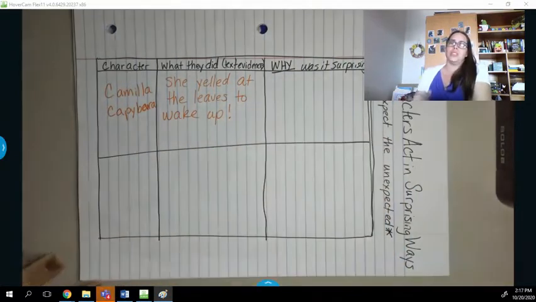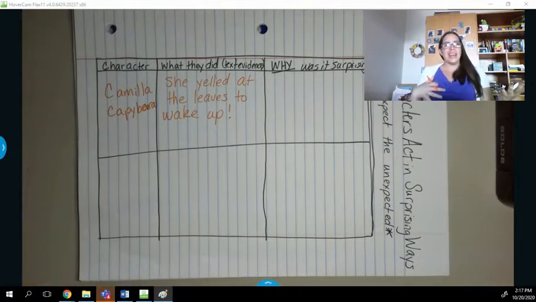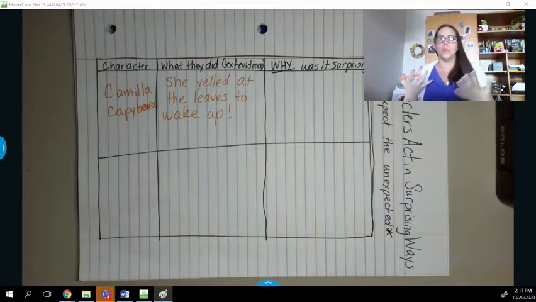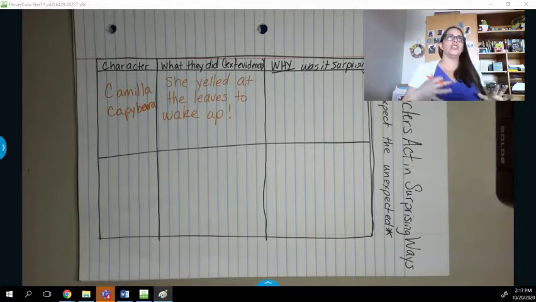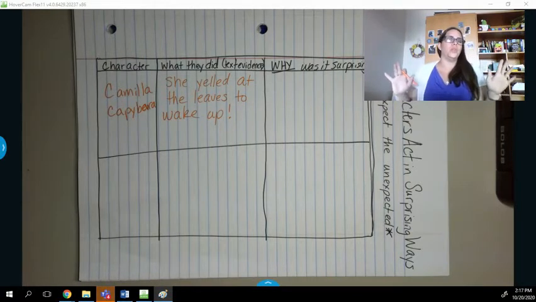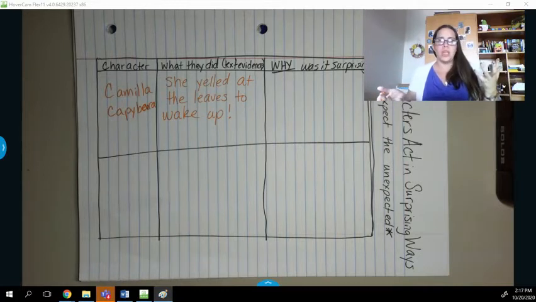Now, why was it surprising? Well, back in the beginning of the book, the author had explained how Camilla was so smart. And then she starts reading the sign when everybody else is reading the sign. And then she starts deciding to wing around a wozy, but she doesn't even know what a wozy is.